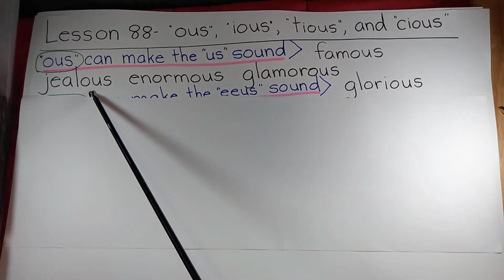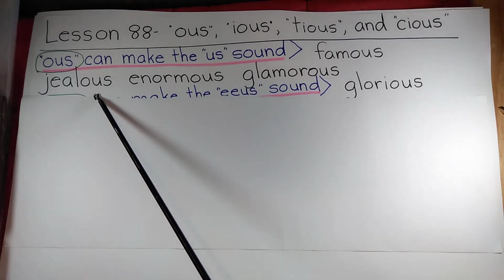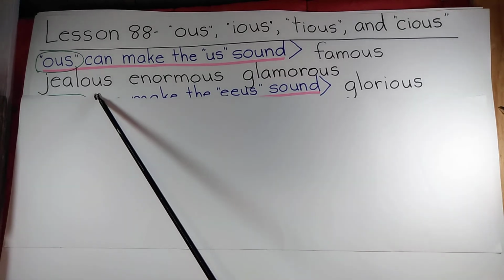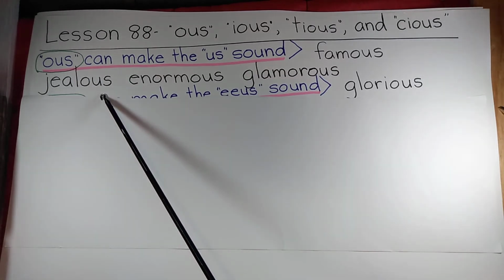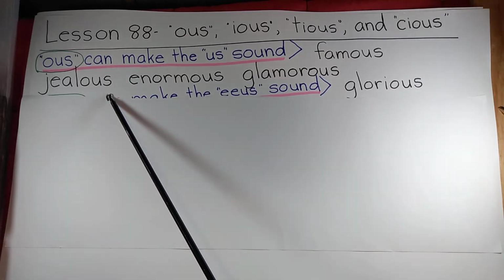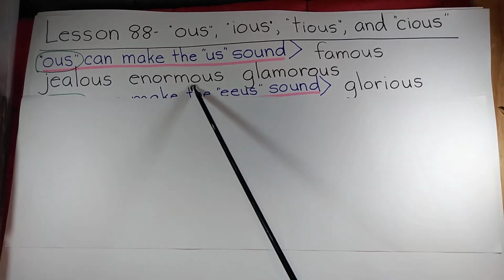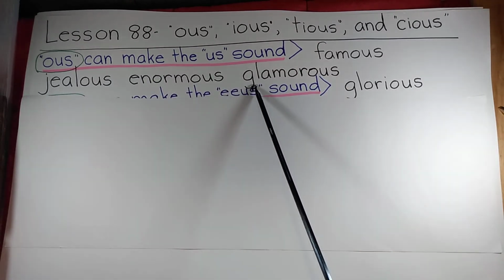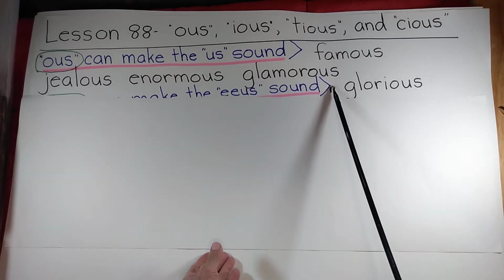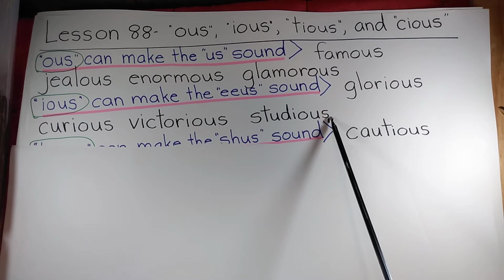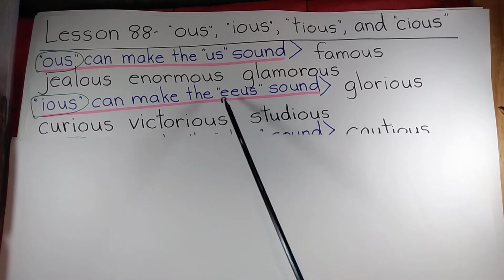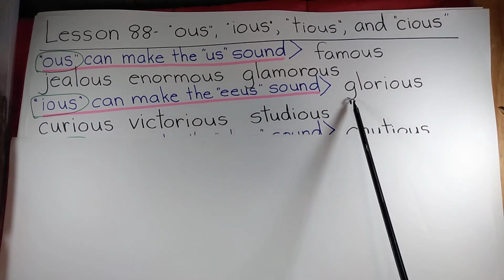And these words are, of course, out of context, which makes it harder for the student. If these words were in context, it would be a lot easier. Next one. Enormous. Glamorous. And now, IOUS sounding like EUS.